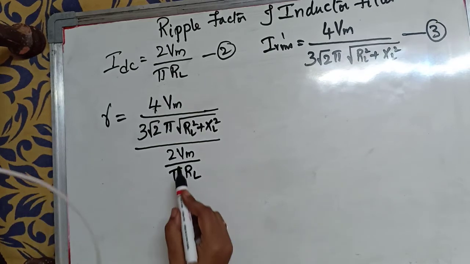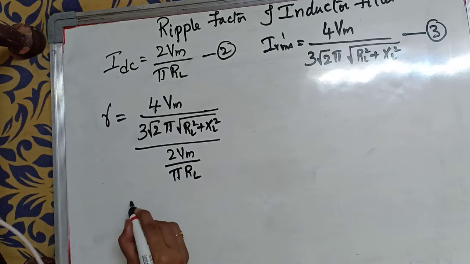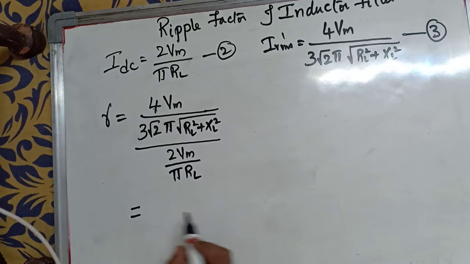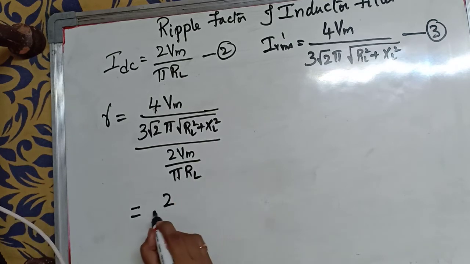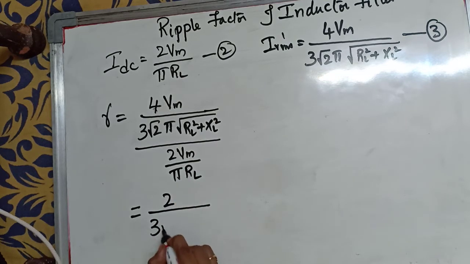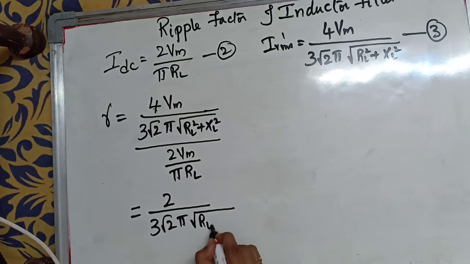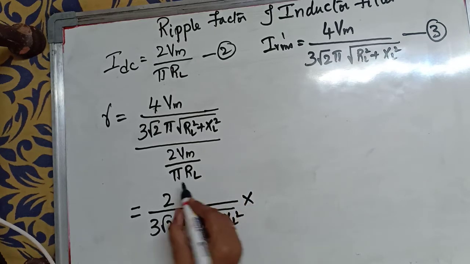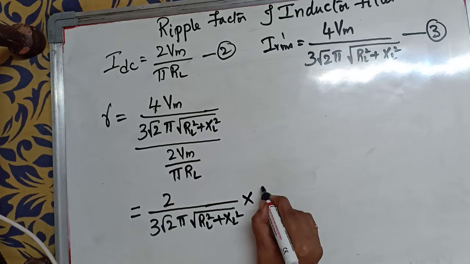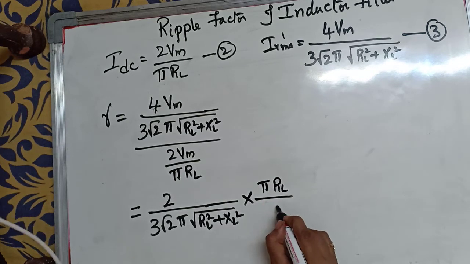Now if we simplify, Vm in the numerator will get cancelled and also this 2 will get cancelled. So therefore here we get 2 by 3 root 2 pi into under root of RL square plus XL square, multiplied by these two terms, which will go to the numerator, so we will get pi RL divided by 1.